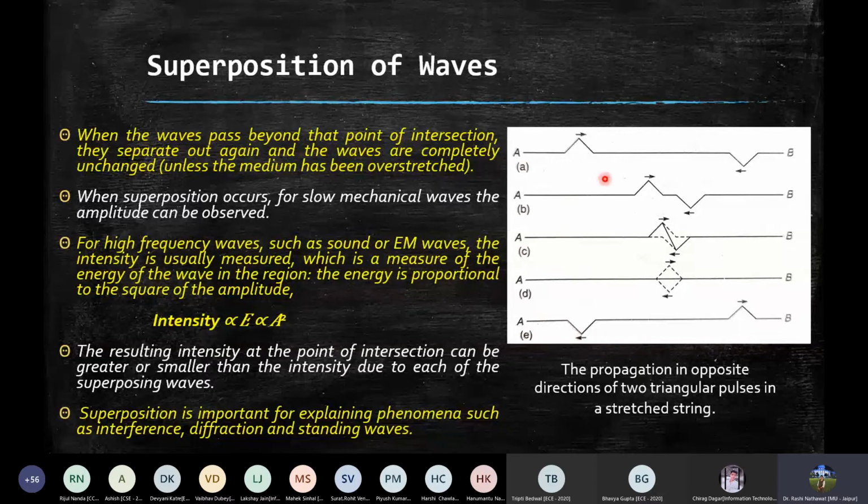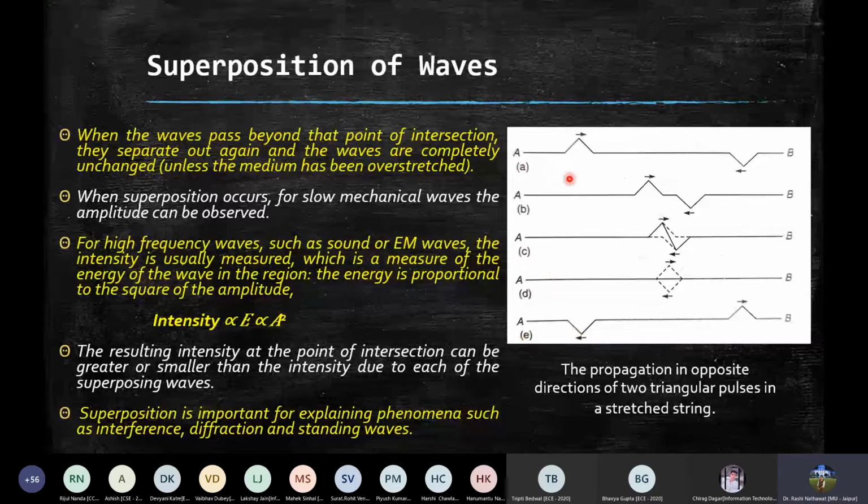This is the propagation in opposite directions of two triangular pulses in a stretched string, and the solid lines give the actual shape of the string, labeled A, B, C, D, E. These correspond to different instants of time.